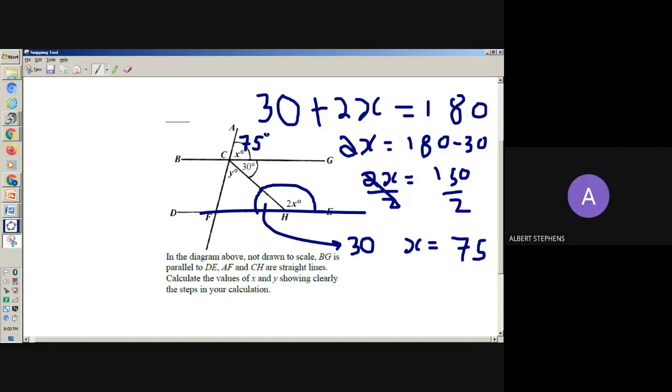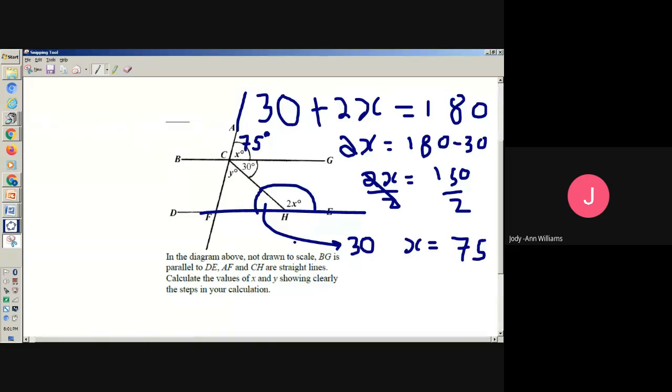Sir, I don't know how to explain it to somebody, but what I did was I found that inside the angle where you say 2x, I got 30. They don't have the angle there, but I worked it out on the straight line.